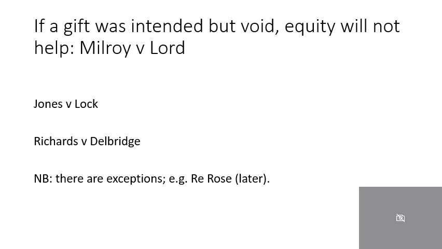So is there anything that the donee can ask equity to do for them? Can the donee go to equity and say, can you help me? There was an attempted straightforward gift, but it's imperfect.